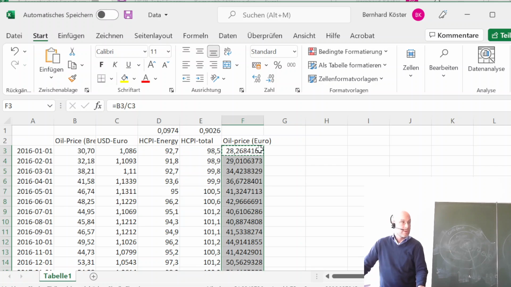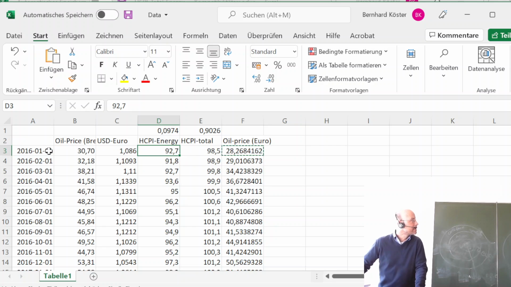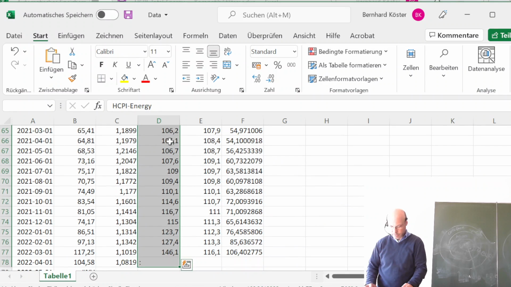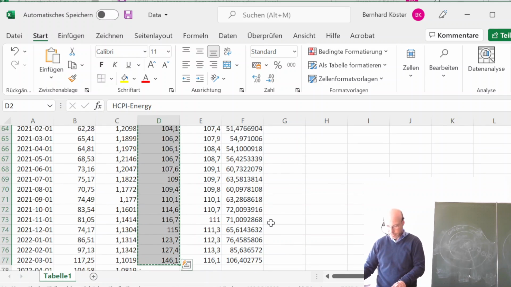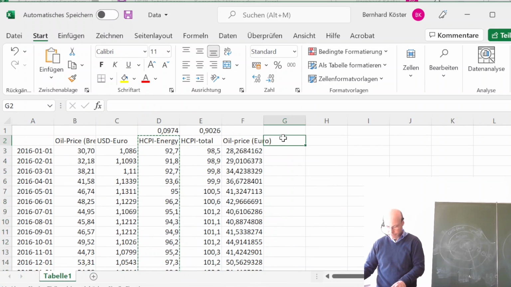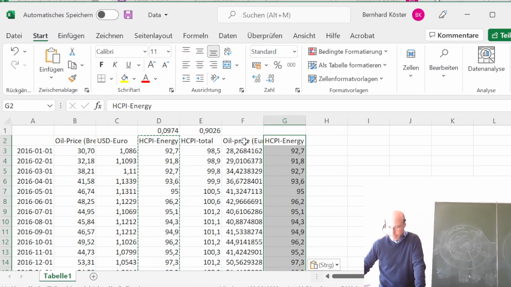So, what we want to know now is the dependence between the energy component and the oil price in the last 5 years, or a bit more than 5 years, starting in 2016 in January. So then let's just move this also down here, copy, and paste.